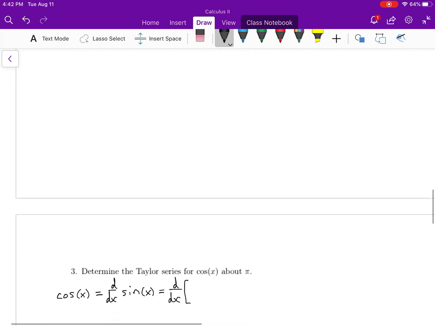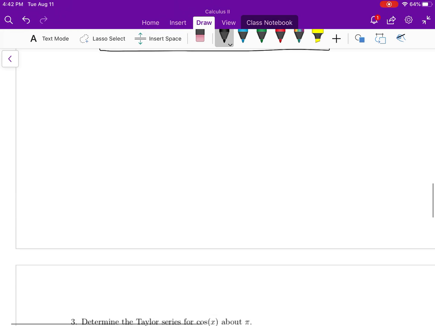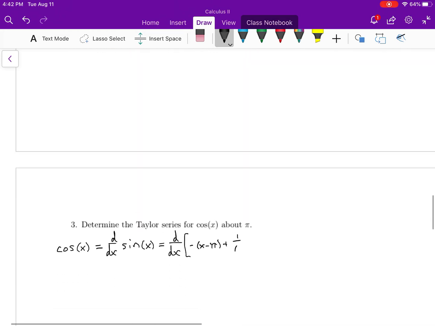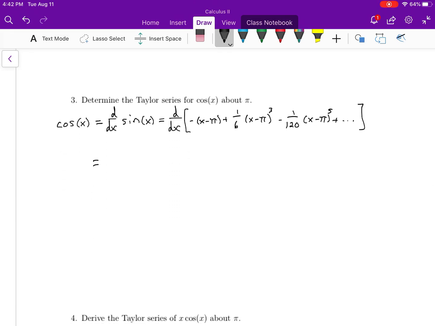And so let me rewrite that expansion. We have -(x minus pi) plus 1/6 (x minus pi) cubed minus 1/120 (x minus pi) to the 5th, and so on.